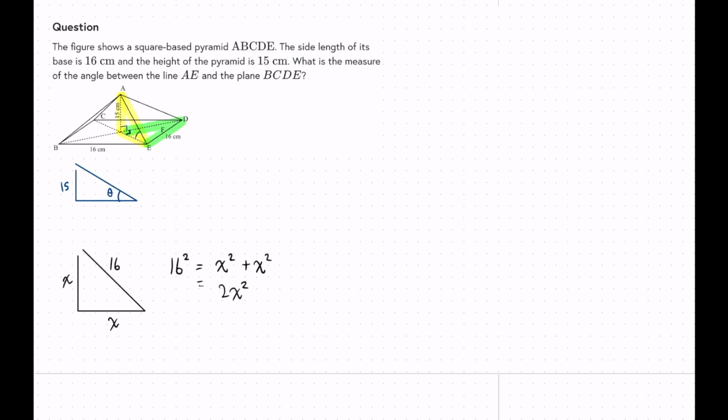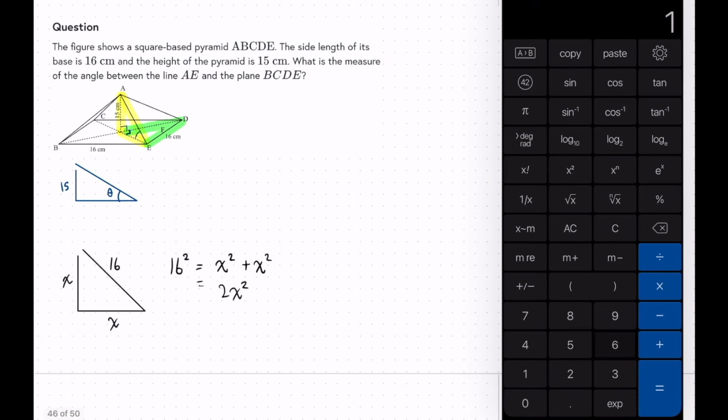So what's 16 squared? Well, 16 times 16 is equal to 256. And I'm going to divide both sides by 2. So 256 divided by 2 is 128, and that's equal to x squared.